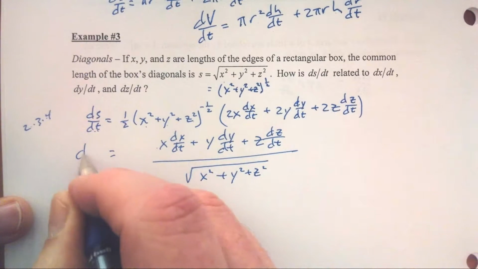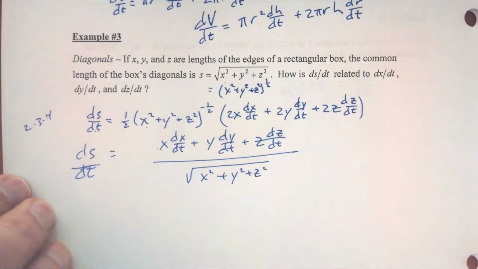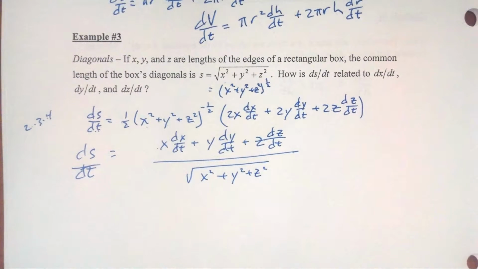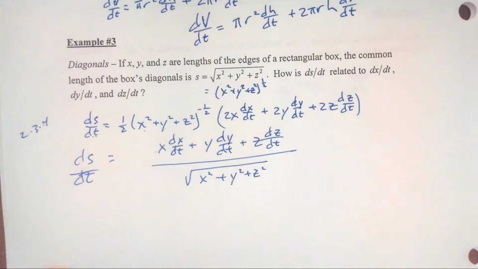That is ds/dt. Okay, a ton going on there, but you're going to see some real world examples of a box problem similar to that very soon. I am certain of that.